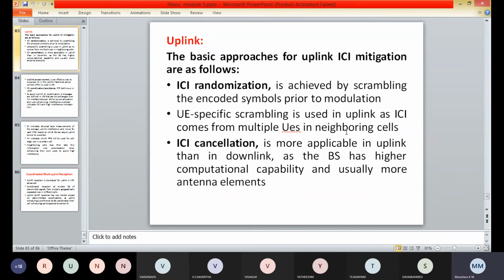Instead of the cell specific scrambling used in the downlink, user equipment specific scrambling is used in the uplink, as the intercell interference comes from multiple user equipments in the neighboring cells.